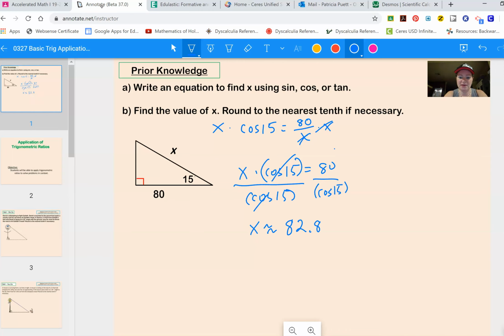So that would be the length of the hypotenuse, which makes sense based on this picture, because your base leg is 80 so far, and then 82 looks like it's a little bit longer, and it's a right triangle. So everything looks like it should work out pretty well.